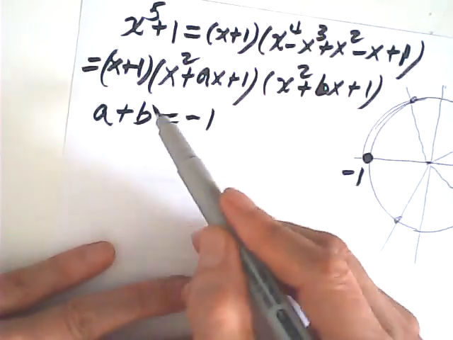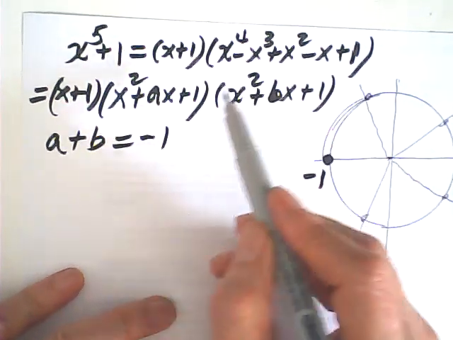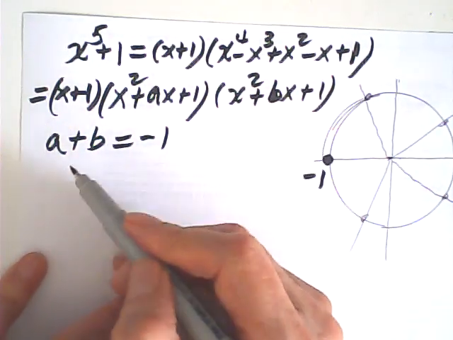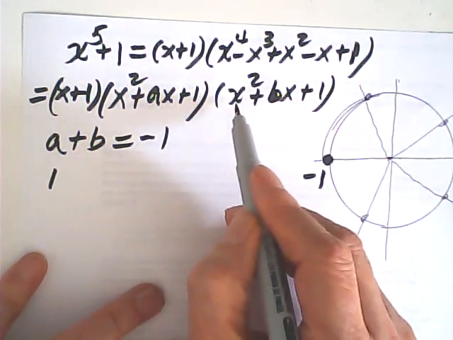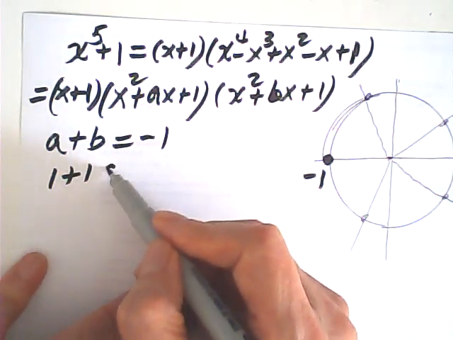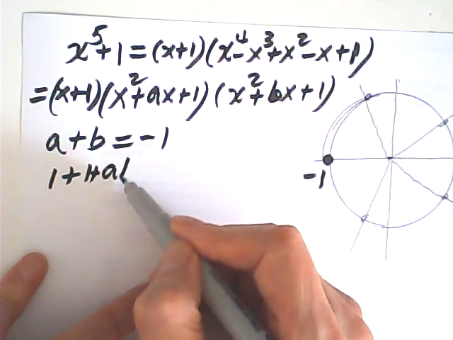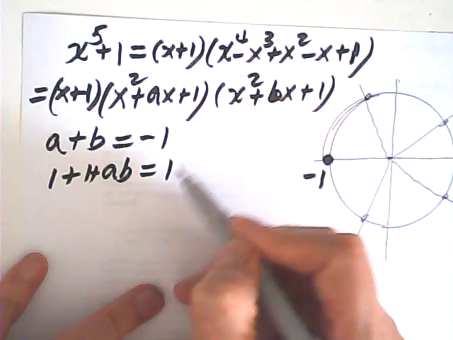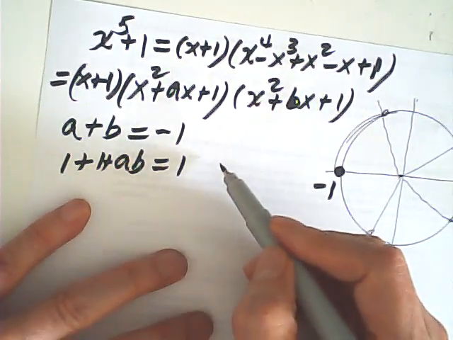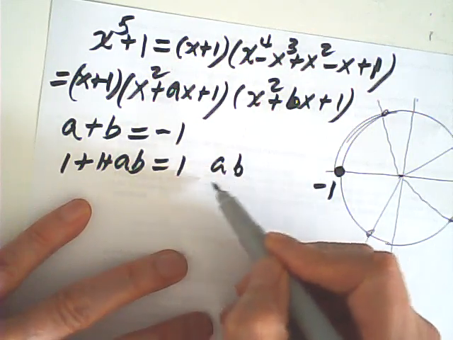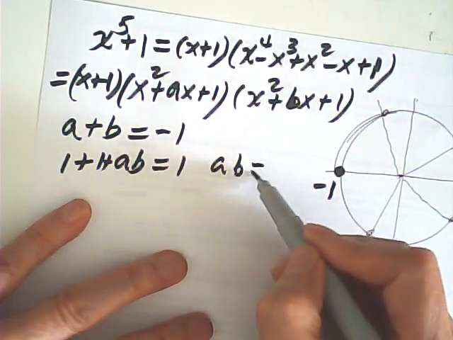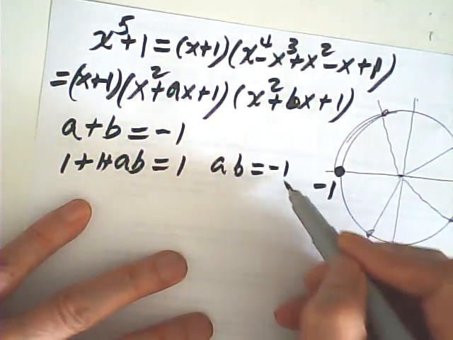Then we compare the coefficients for x squared. This one times this one is x squared. This one times this one is x squared. And a times b, plus 1 plus 1, is equal to 1. So this means that ab equals -1.